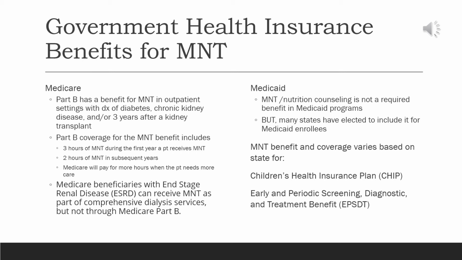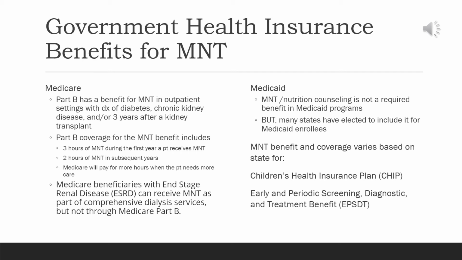And so here are some examples of government health insurance benefits for medical nutrition therapy. Medicare Part B has a benefit for medical nutrition therapy in outpatient settings with patients with a diagnosis of diabetes, chronic kidney disease, and/or 3 years after a kidney transplant.